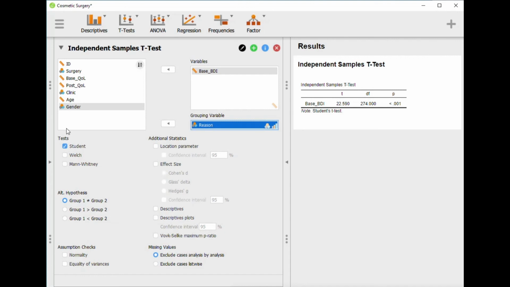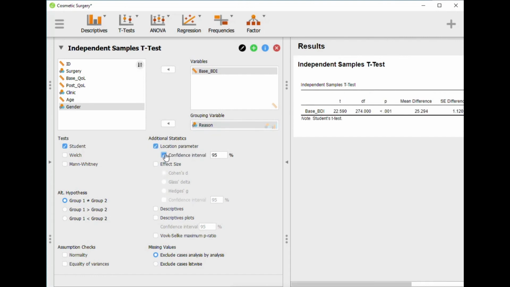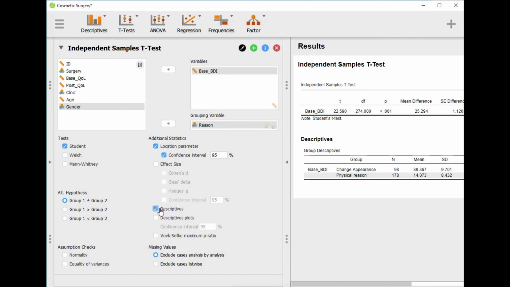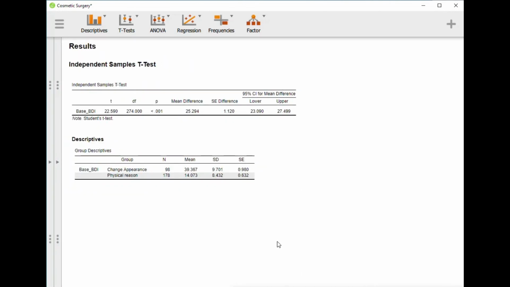Now we're going to leave most of this as is, but let's go ahead and do location parameter and confidence interval so we can get our confidence interval. And we also want to select always for our descriptives so we can see those descriptive statistics and you can see more clearly where they came from. So once I've done that, here we go.